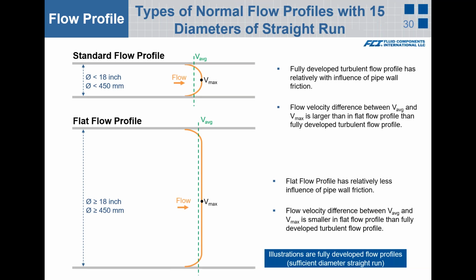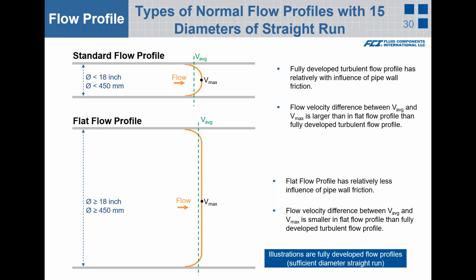So what we're looking at is typically in an 18-inch or smaller diameter pipe, you have a standard turbulent flow profile, whereby friction of the wall is actually dragging the velocity of the flow down. Therefore, the maximum velocity is actually at the center line of the pipe. When you get into 18-inch and larger pipe or duct diameters, then that friction plays less of a role on that flow profile, and it's more of a flat flow profile.